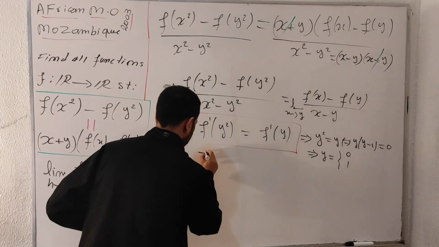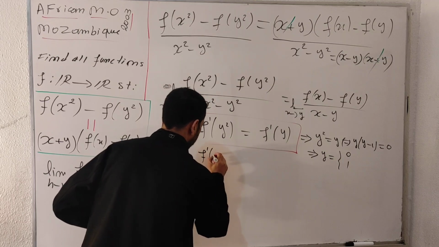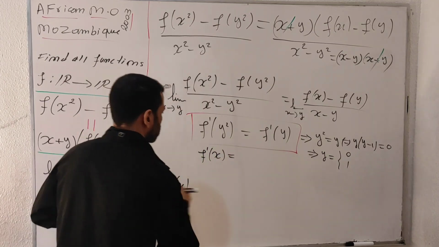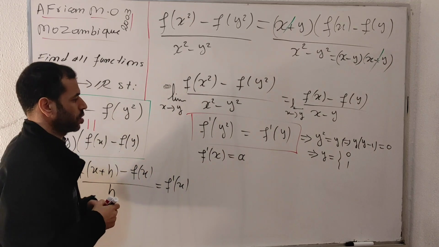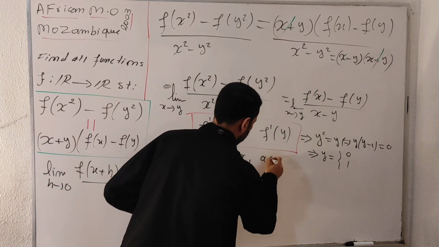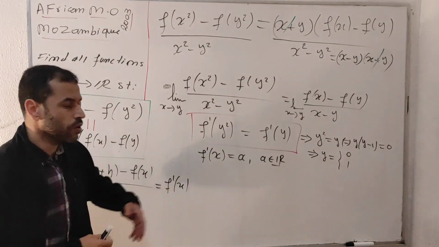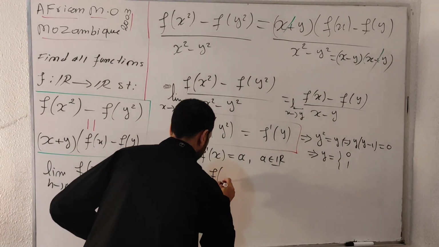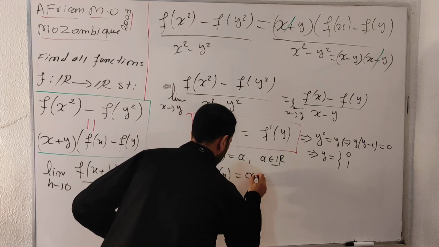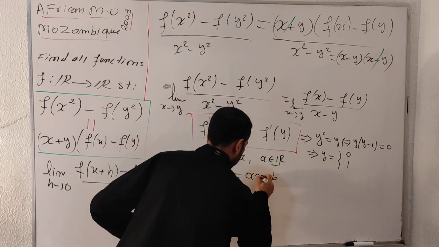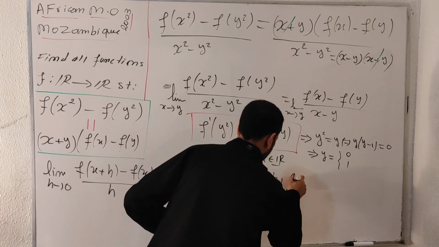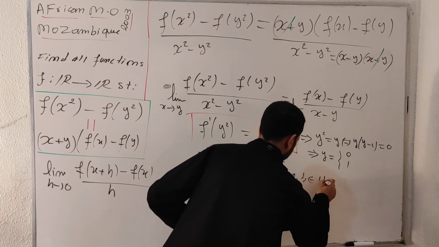So f prime of x is a constant a, where a is a real number. Now I'm going to integrate this one. I will have f of x equals ax plus b, where a and b are real numbers.